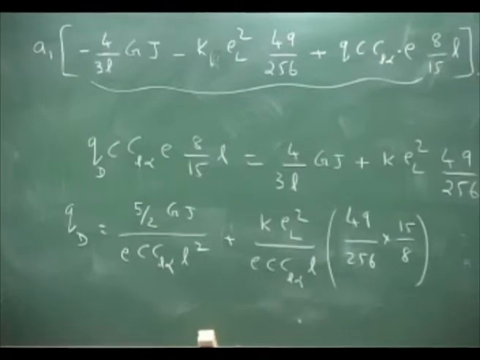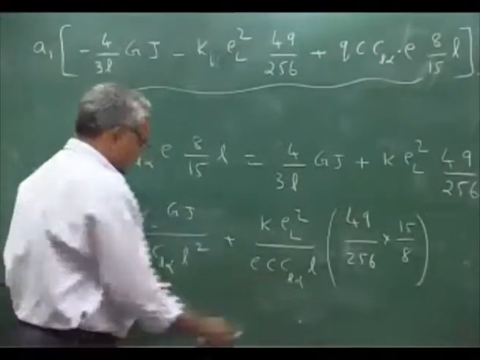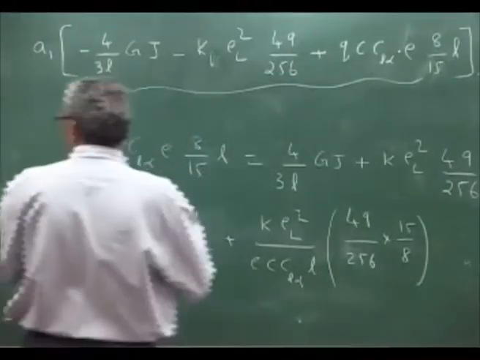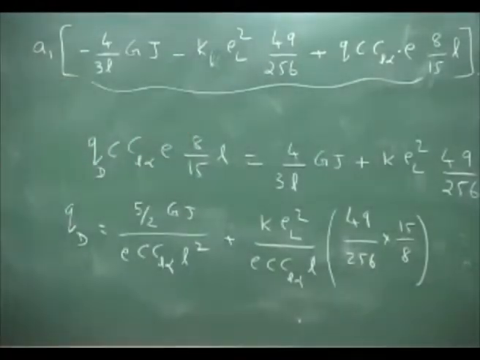This is the value which you have. Now if you substitute all those quantities, you can see the effect of this term and this term. If you substitute the values, I erase here.